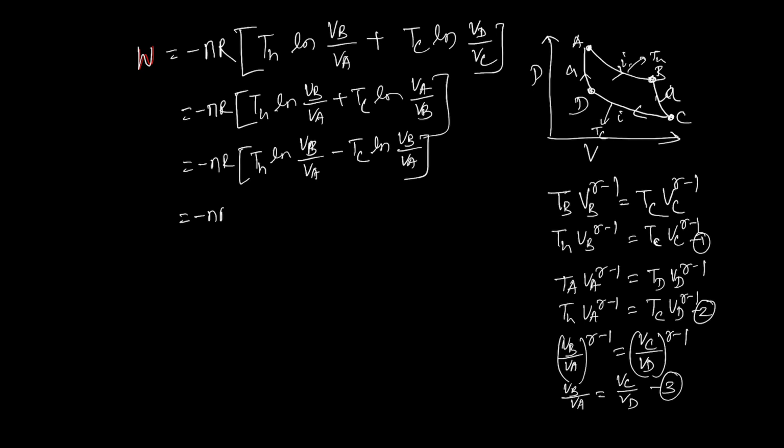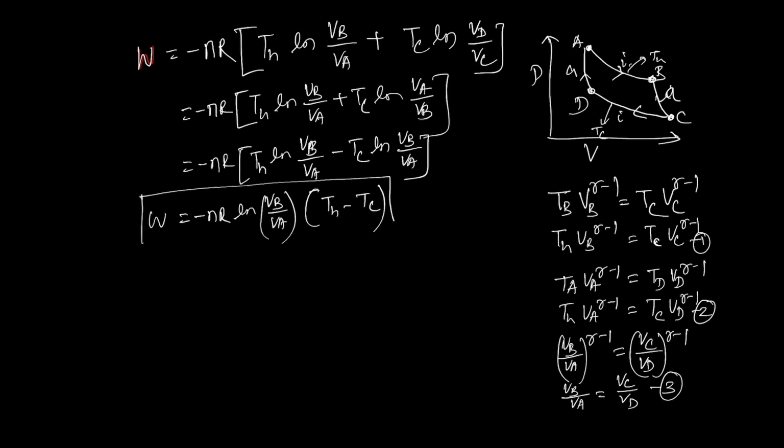Then we can take ln Vb by Va as common and write Th minus Tc. So, this is the work done for the cyclic process in the Carnot cycle going from A to B to C to D, and this is the simplest possible relation that we can write down.